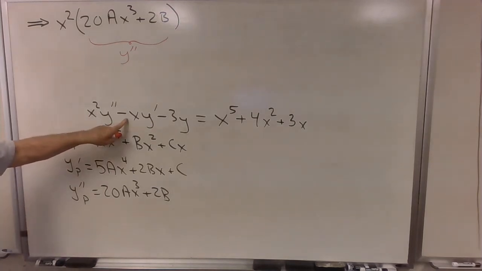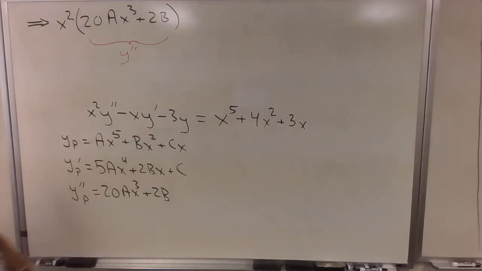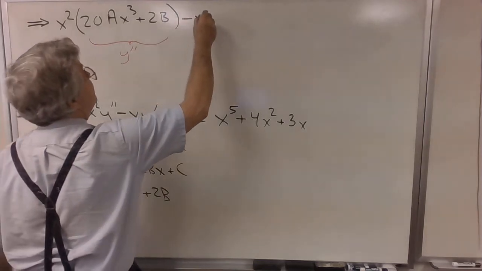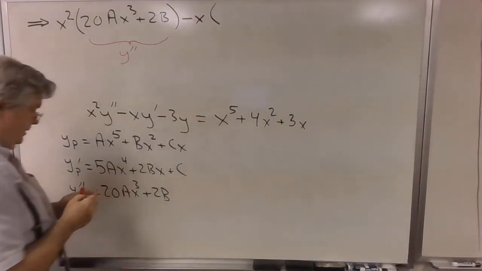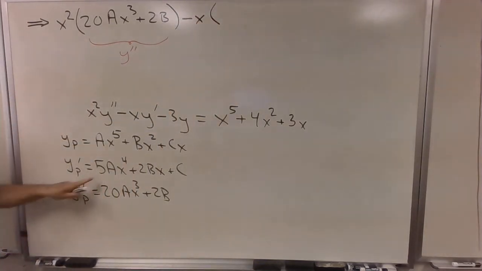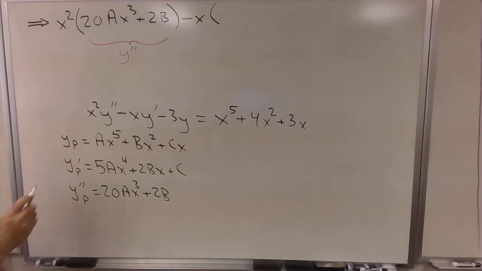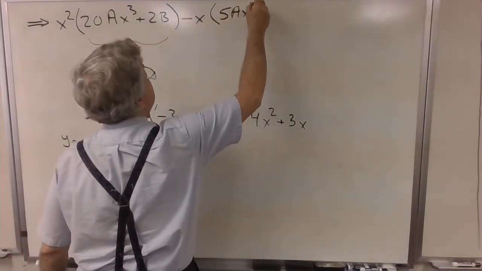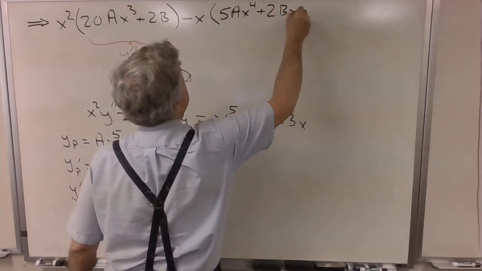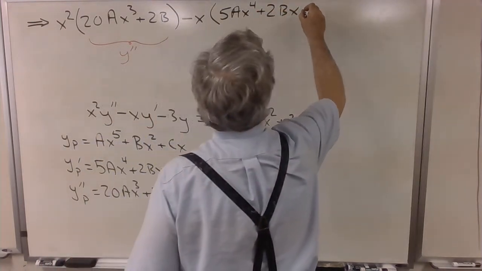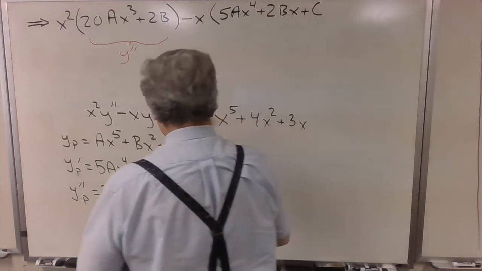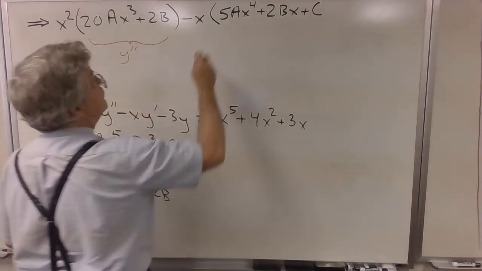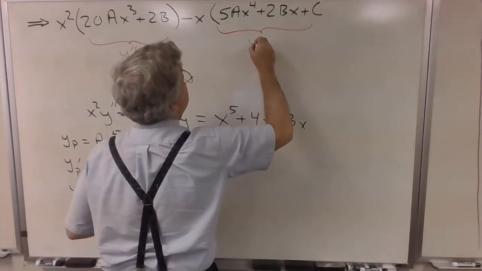Then we have minus x y prime, and for y prime, we plug this in, 5Ax to the fourth plus 2Bx plus C. So there's our y prime.